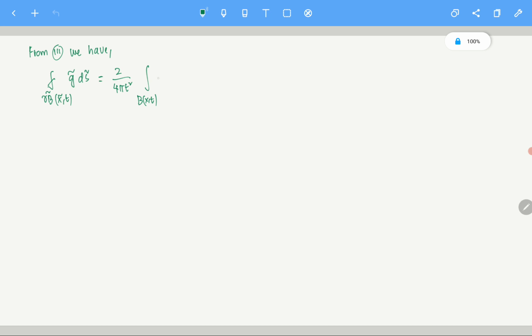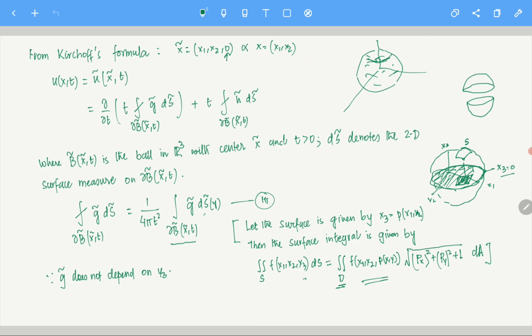And of course you have g of y, and then this calculation, p_x square plus p_y square. I wrote it in a confusing way. Let me write it like this: p of x1 x2, p of x2 square. Clear? Sorry, there are a lot of variables involved, right?